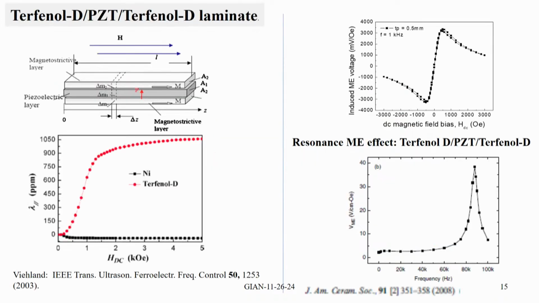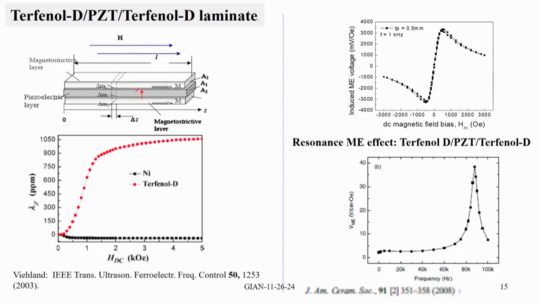So, these are some of the results using terphenol with PCT. These are symmetric trilayers, and as you see here, it is comparison of magnetostriction between terphenol D and nickel. Nickel is down here, it is negative, and the maximum is around 30 or 40, whereas terphenol D has positive magnetostriction, and it is pretty high.